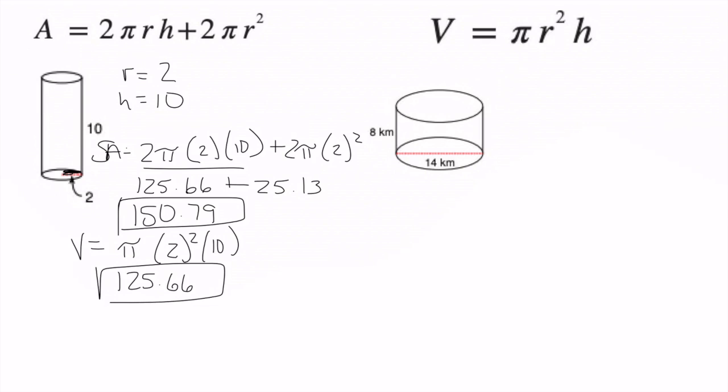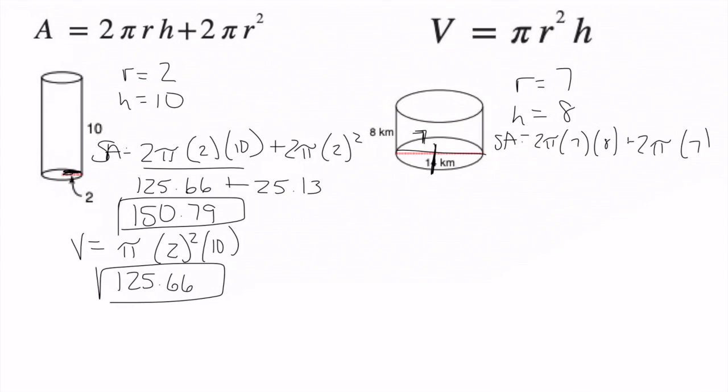For this one, our radius is going to be half of this. Half of 14 will give us a radius of 7 with a height of 8. So our surface area is going to be 2 pi times our radius of 7 times our height of 8 plus 2 pi times our radius of 7 squared. That would give us 351.86 for this piece plus 307.88.